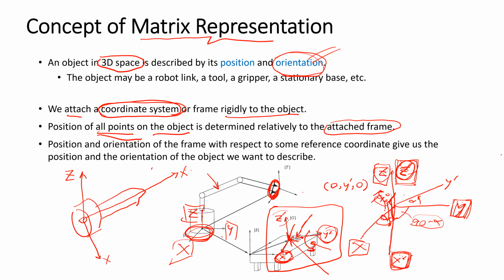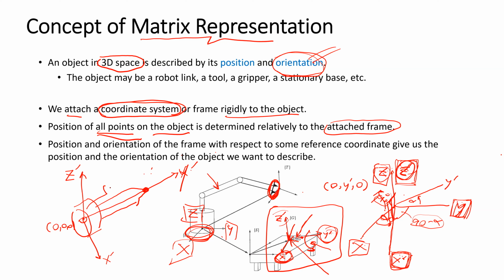So in this frame, x prime, y prime, and z prime, the center of the coordinate frame is 0, 0, 0. And the head of the screw is at 0, 0, 0. And how about the tip of the screw?